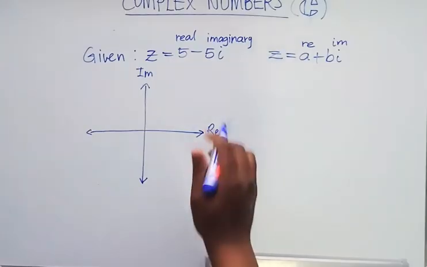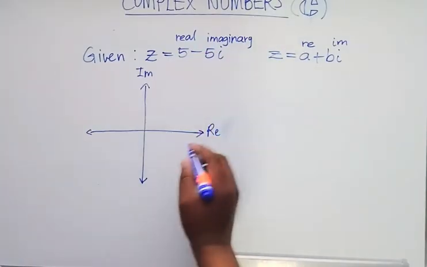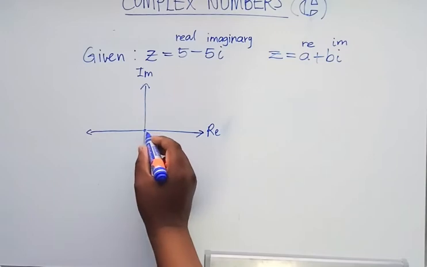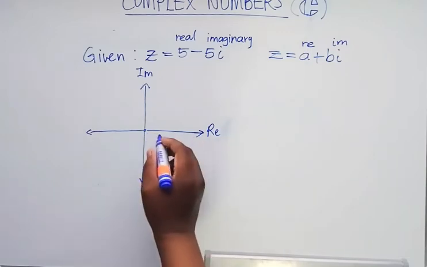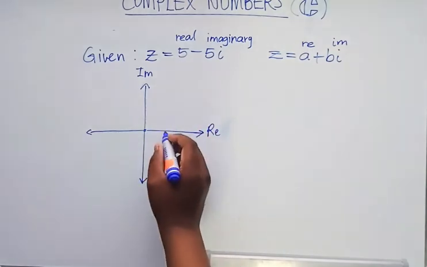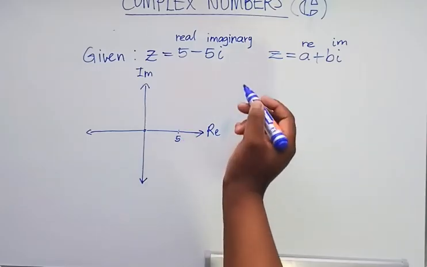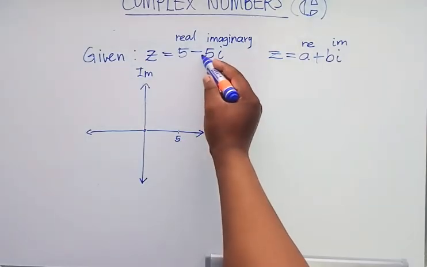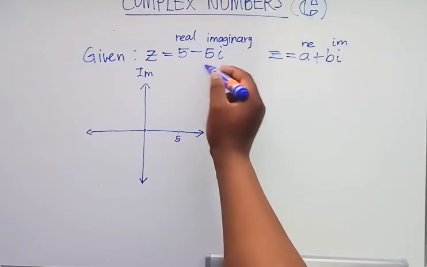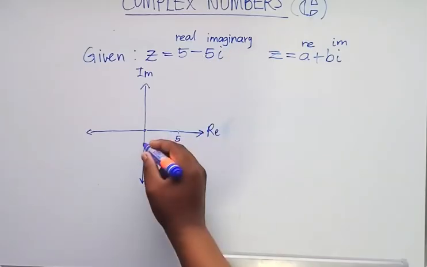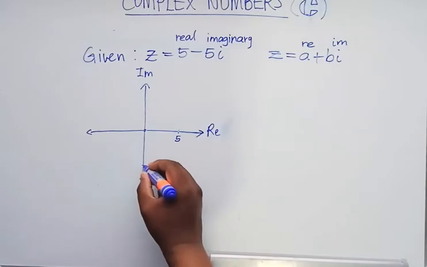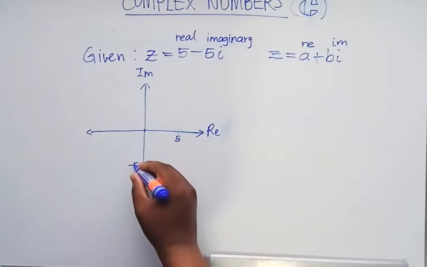So 5 is your real part. It means you're going to count 5 units to the right because it's positive 5. You're also going to count 5 units to the negative side of the imaginary axis, negative 5 rather.